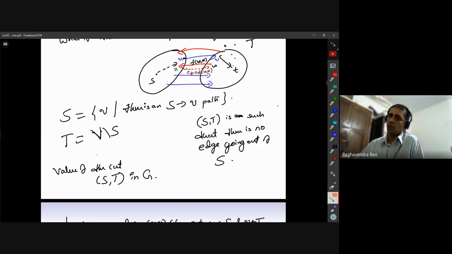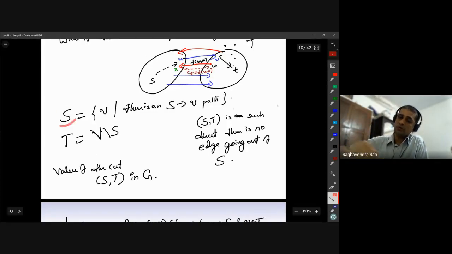In short, for all edges from capital S to capital T in the graph G, the assigned flow value should be equal to the capacity, and for all backward edges, that is edges from T to S, the flow assignment should be 0. If there was a non-zero assignment, it would have contradicted the definition of S, because W also would have been in capital S.